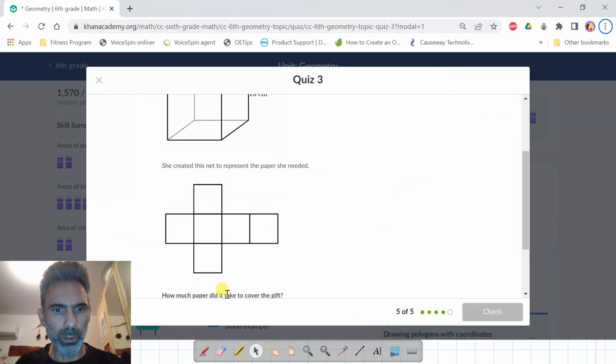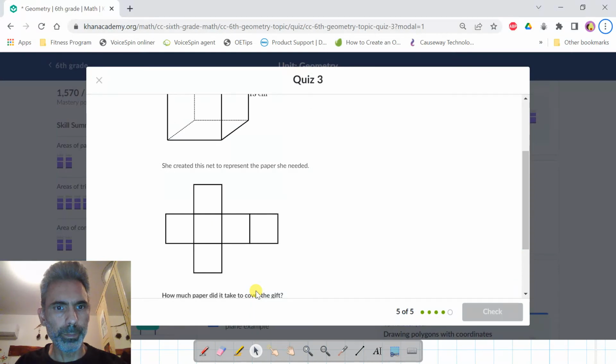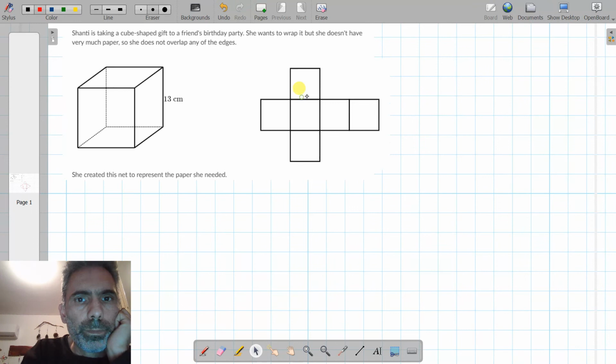How much paper did it take to cover the gift? Each face has an area of 13 times 13.